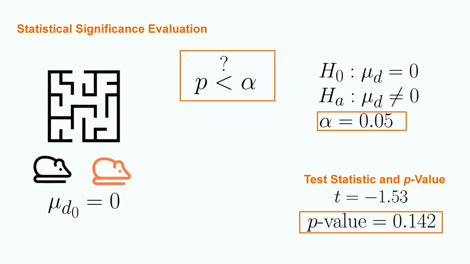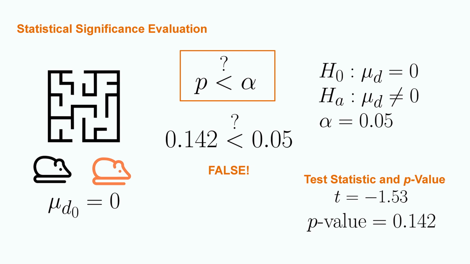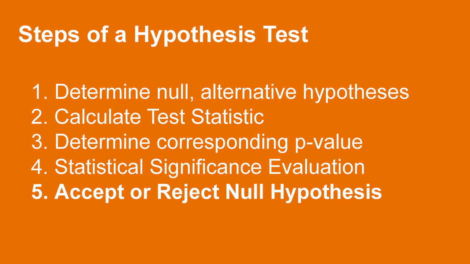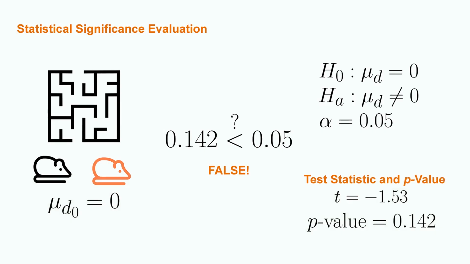So, we just have to ask whether p is less than alpha. Plugging in both values, we ask whether the inequality 0.142 is less than 0.05 holds. This is false, leading us to step 5, where we either accept or reject the null hypothesis. Since our threshold evaluation was a false inequality, we have to accept the null hypothesis.